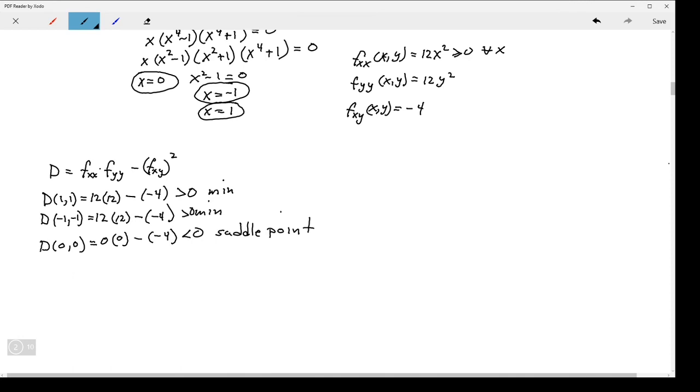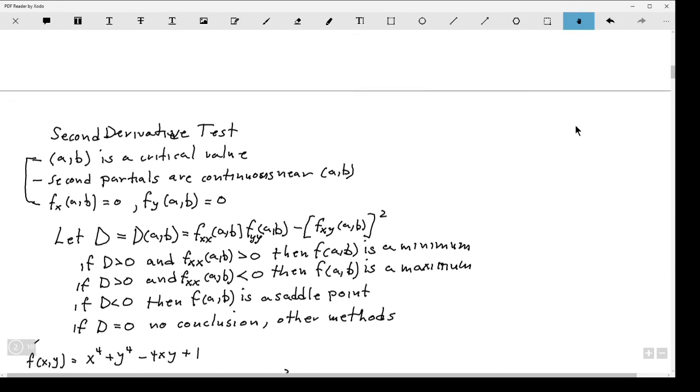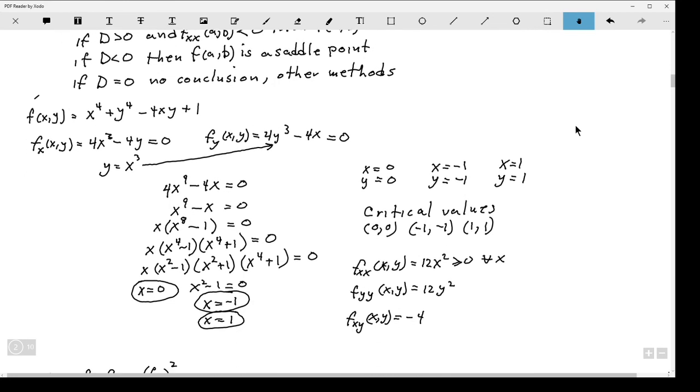It wasn't difficult to work with the second derivative. The problem that we're going to run into is that sometimes the second derivative is a nightmare, and we're going to want to have another method.